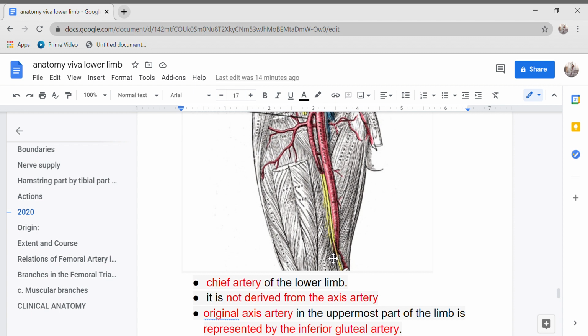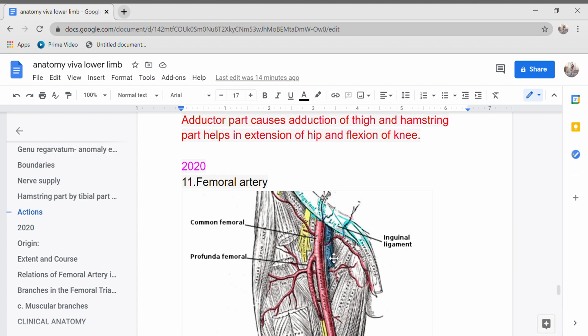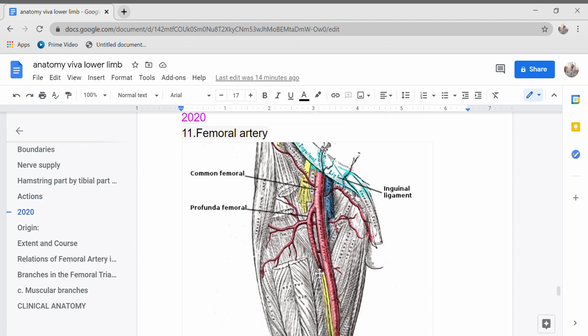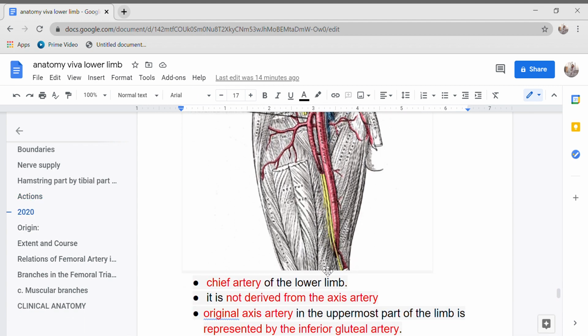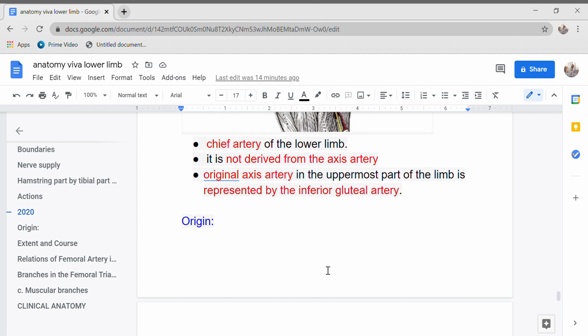Then it continues as the popliteal artery.